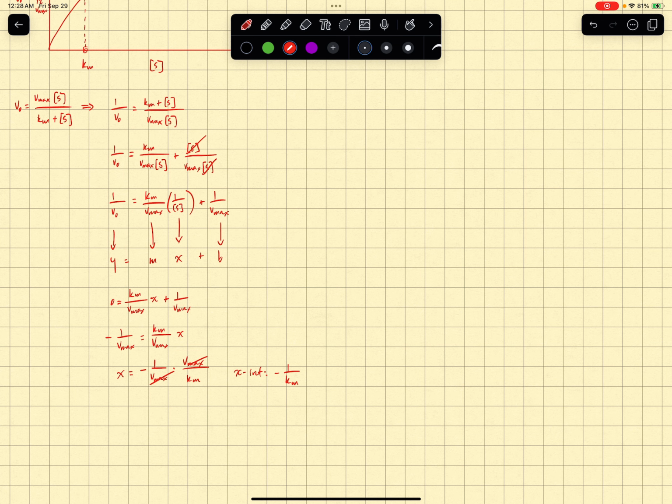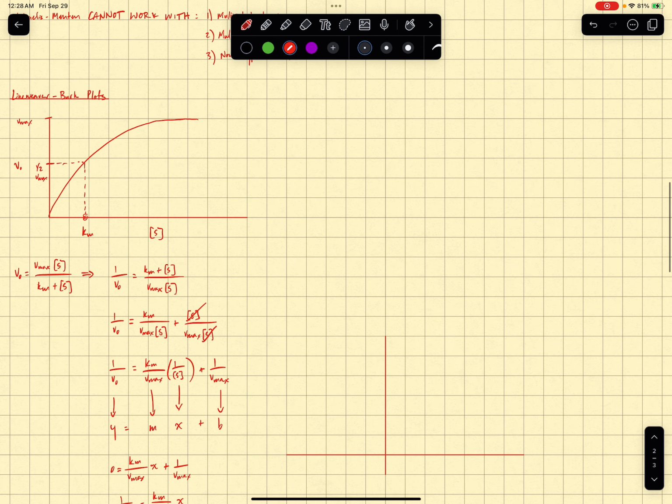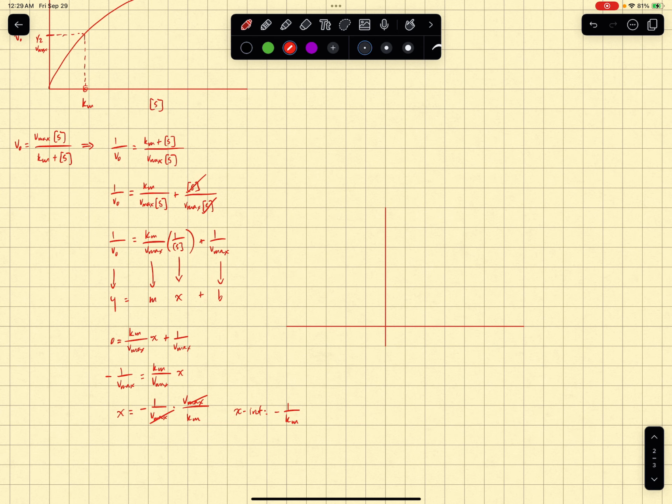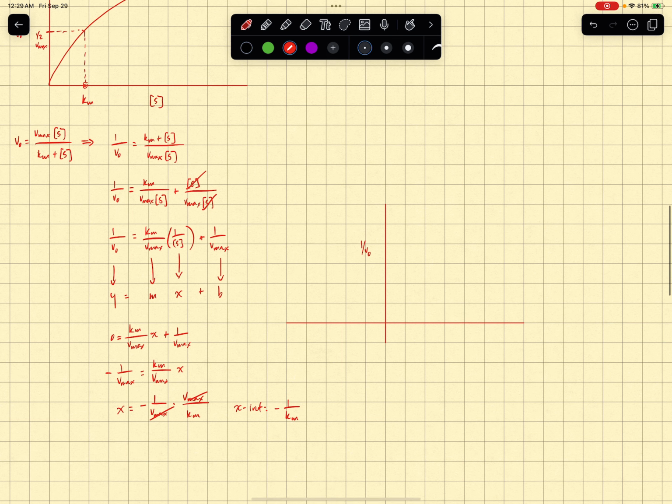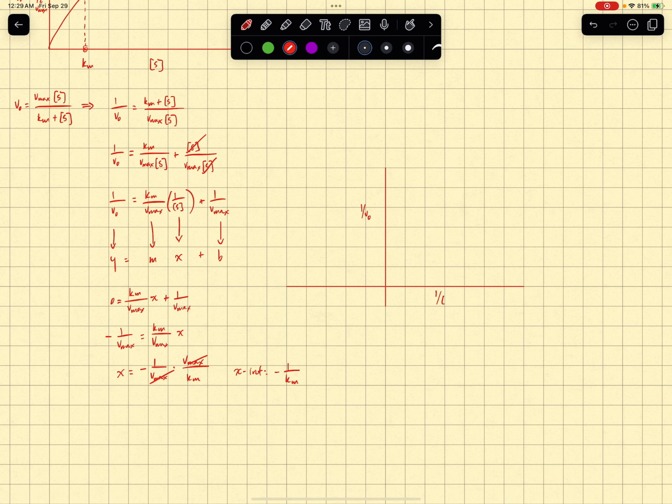And so using that information, we can draw a Lineweaver-Burk plot. Because our initial axes were V naught and substrate concentration, our y-axis here will be 1 over V naught, and our x-axis will be 1 over substrate concentration.